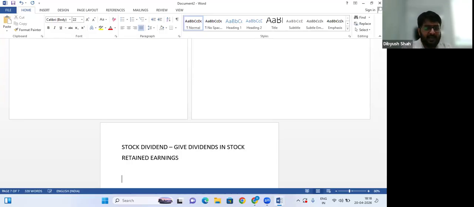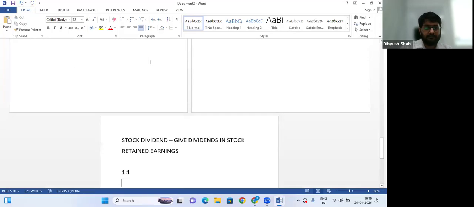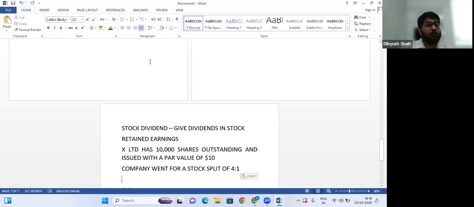So let's say a 1:1, same thing. It's like bonus shares, what we learn in India. Company went for a stock dividend, and it can be any ratio. So let's say 4:1 only.